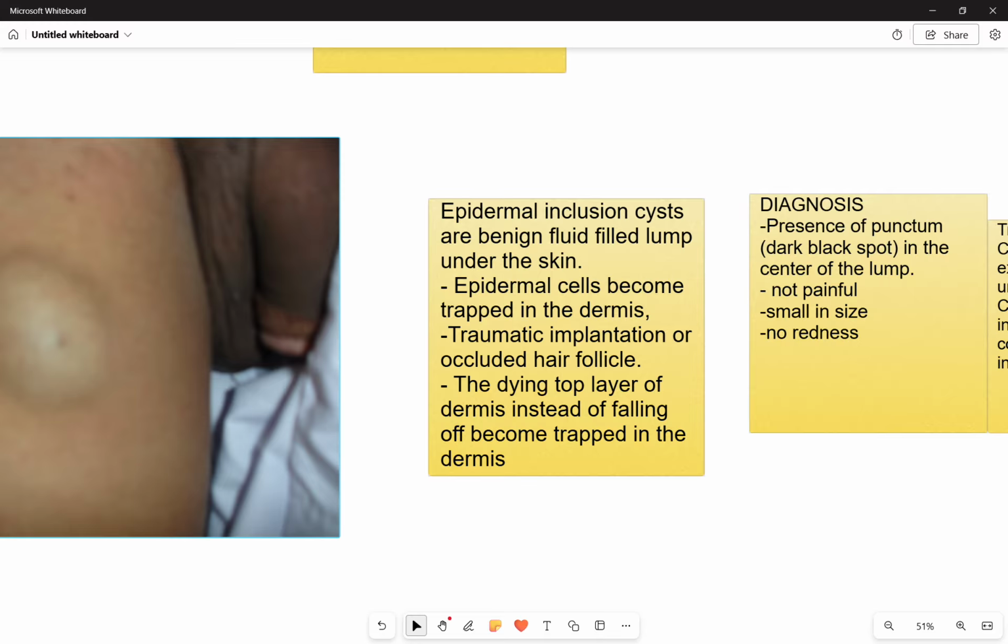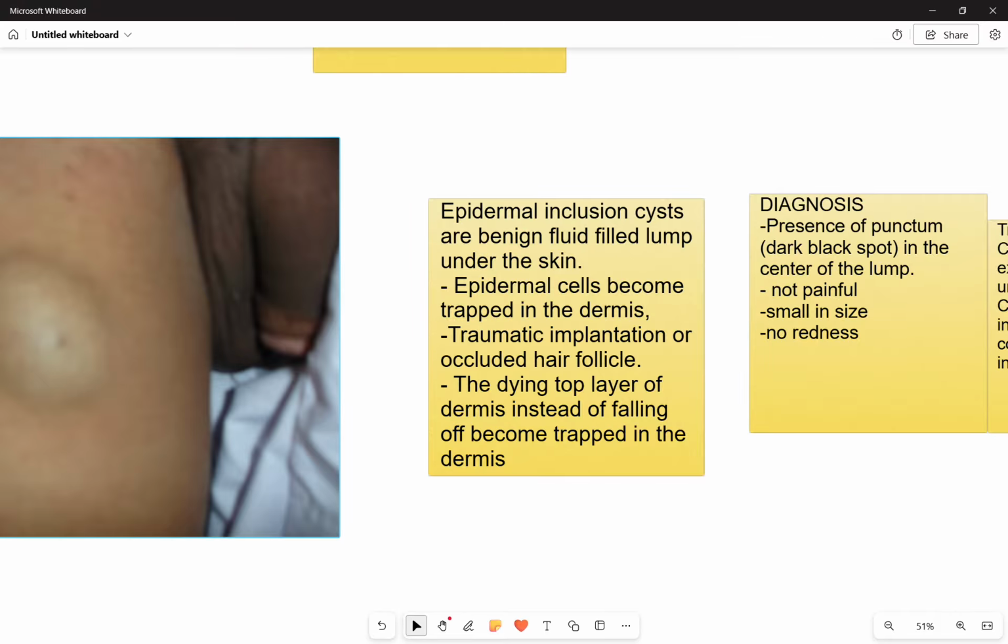I had a patient who had a similar lump on the breast, and she was very much worried that this may be a carcinoma, but it was a fairly easy diagnosis.